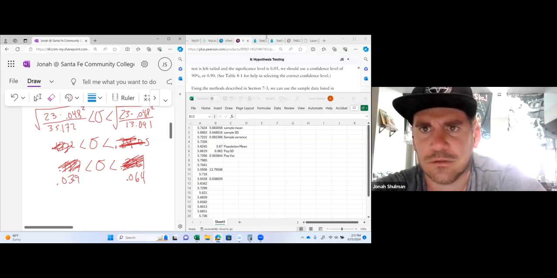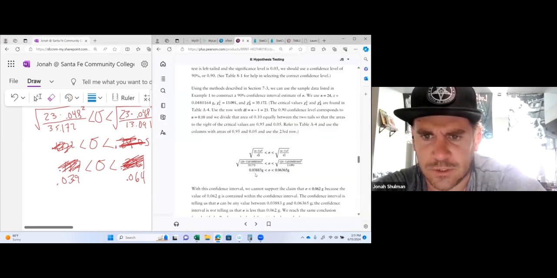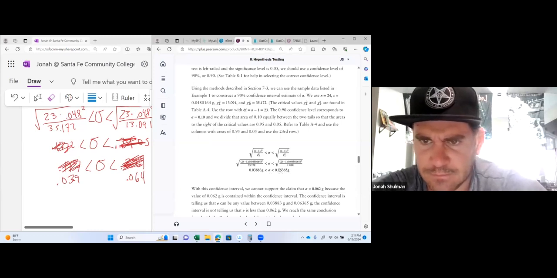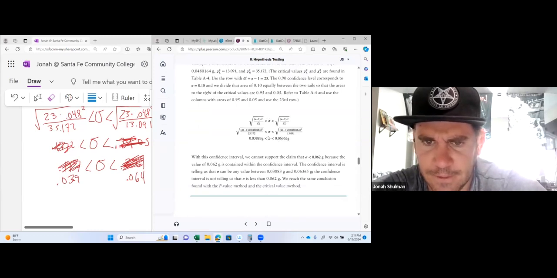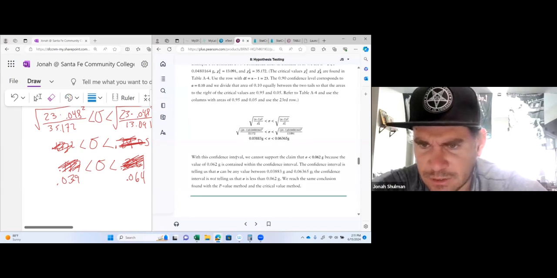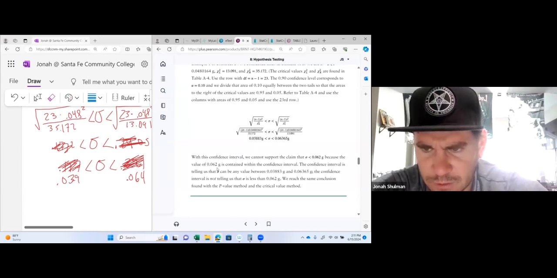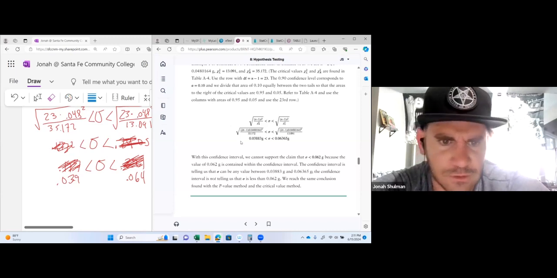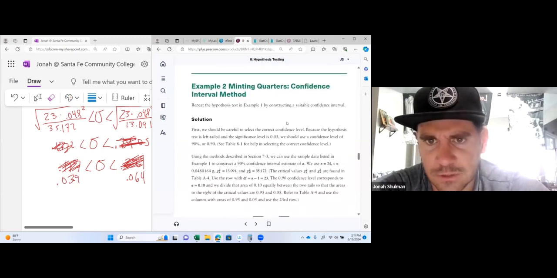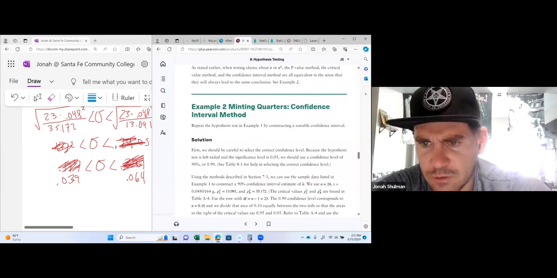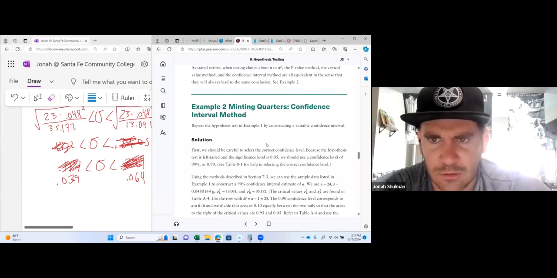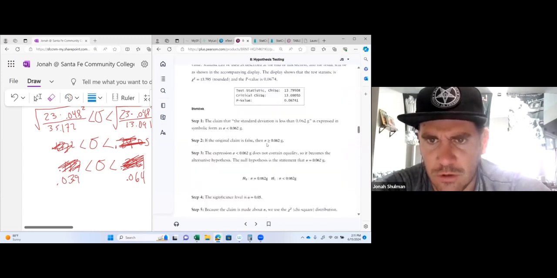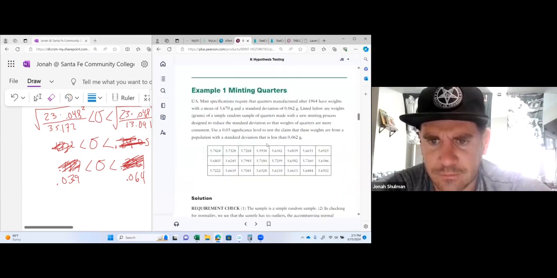Let's look at it. 0.03883, 0.0635 grams. With this confidence interval, we cannot support the claim, because the value of 0.062 is contained in the confidence interval. We wanted to say that this was different. Go back to the original.